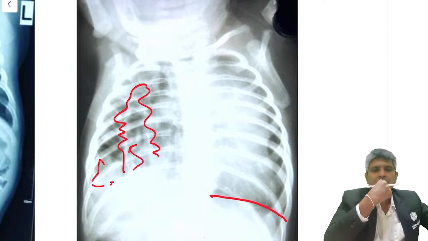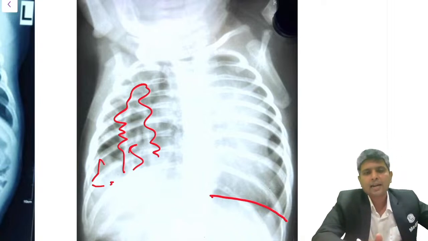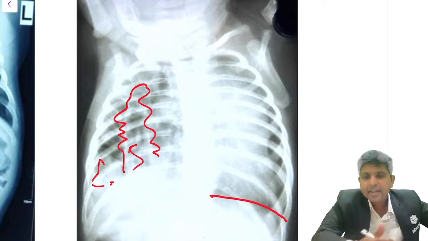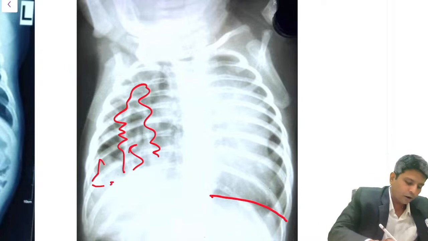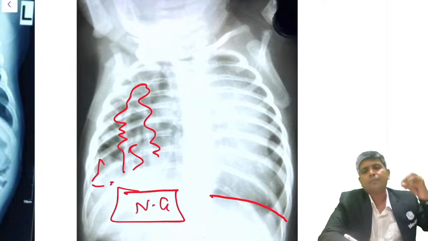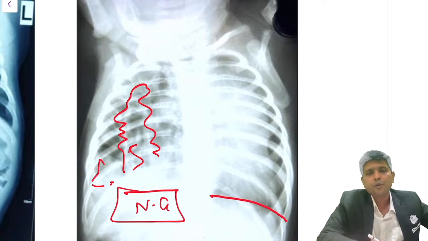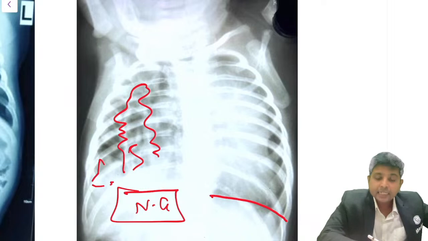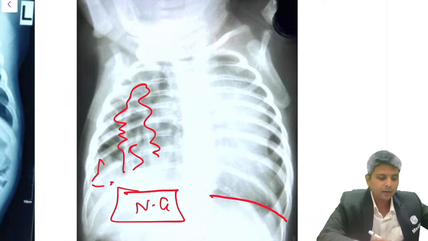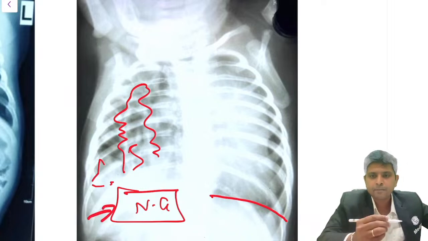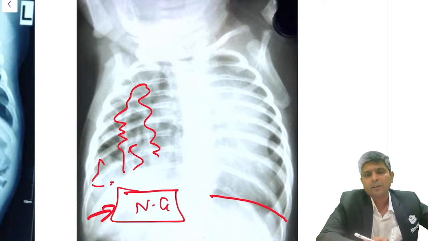And immediately, as soon as the child is born, whenever you suspect this, you need to put an NG tube to decompress the intestine, because the intestine is occupying the chest where the lung is present. When you put an NG tube, you are decompressing the intestinal loops present in the chest. So NG tube insertion is the first thing that should be done whenever you suspect congenital diaphragmatic hernia.